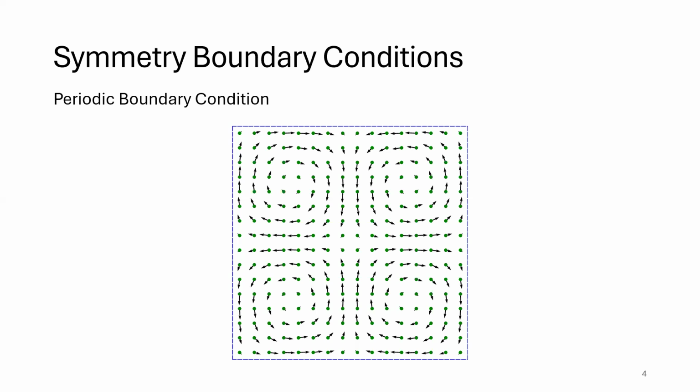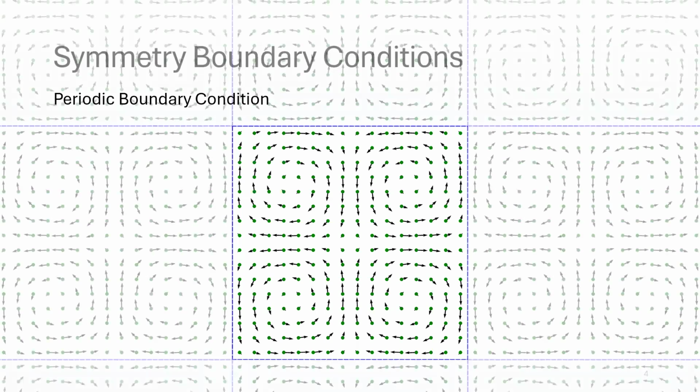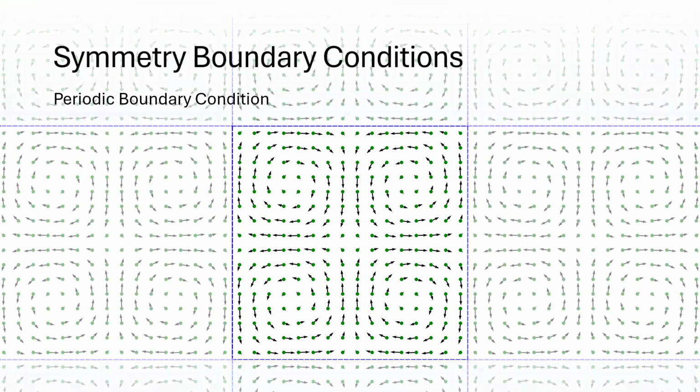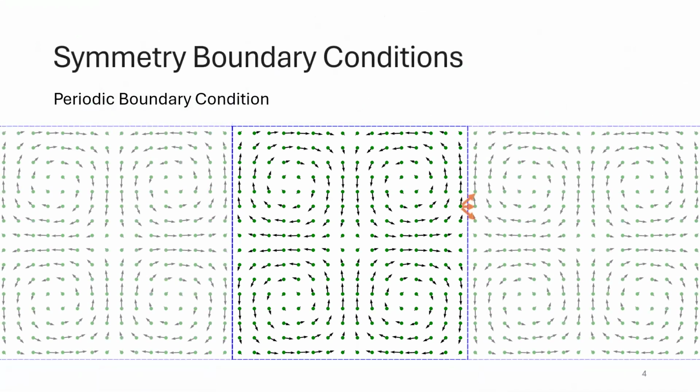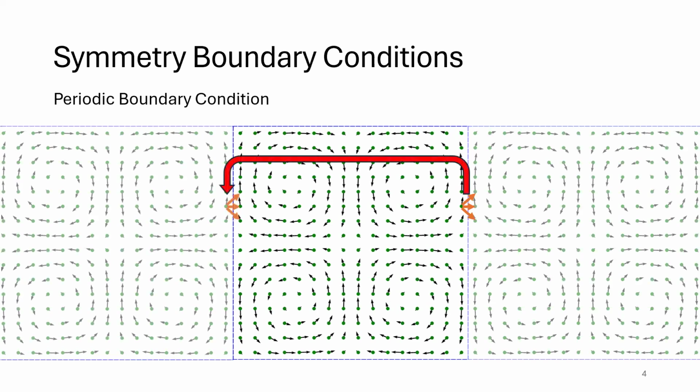We're going to discretize this example in 16 times 16 nodes. And due to periodicity, it's going to look like this. It is a repeating flow field. And if we got an outlet right here, we find it as an inlet right on the opposite side. And this is how the periodic boundary condition is standardly working.